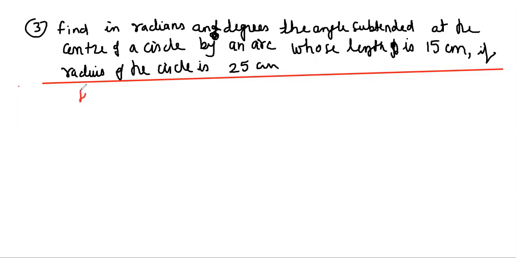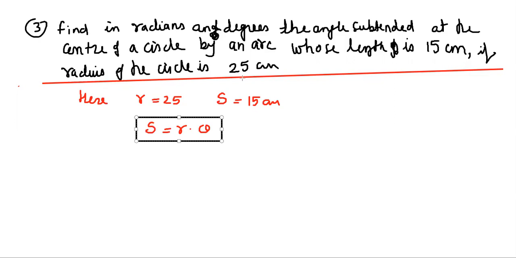Here we are given that r is equal to 25 and length of arc is given 15 centimeter. Now we know that the formula S is equal to r into theta, and further I can write down what is S, that is 15, R is 25 into theta.